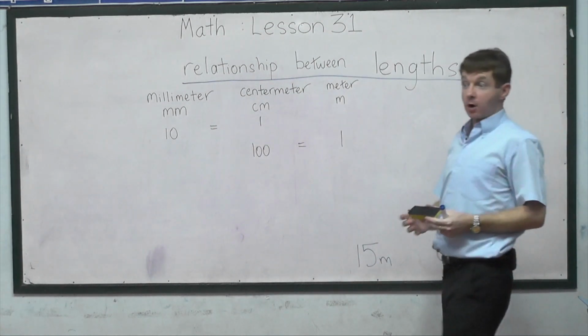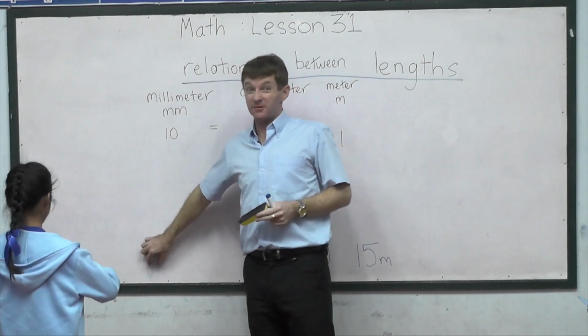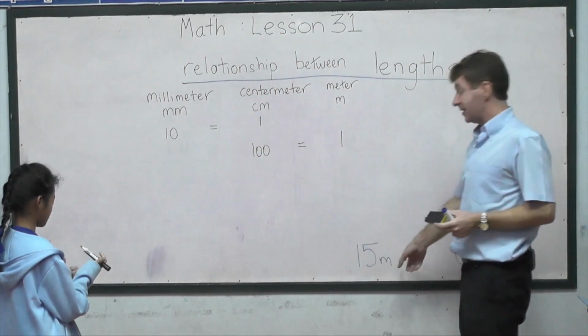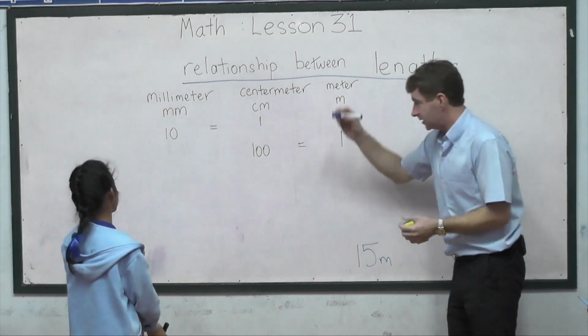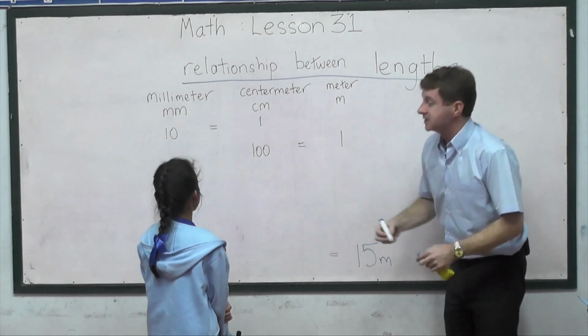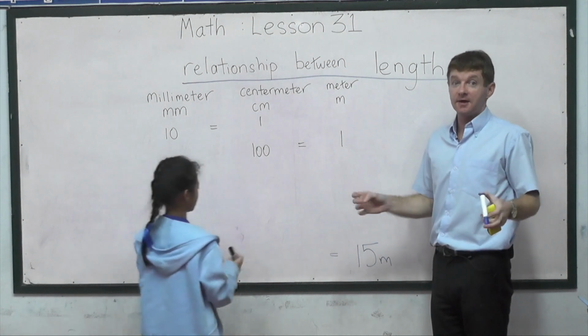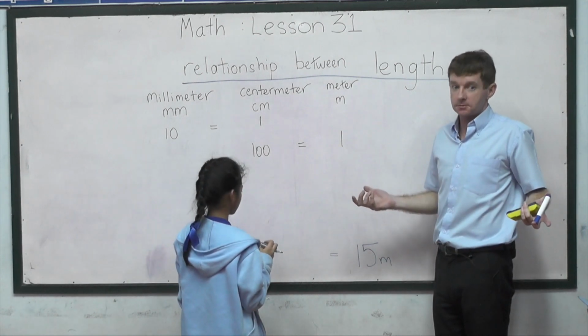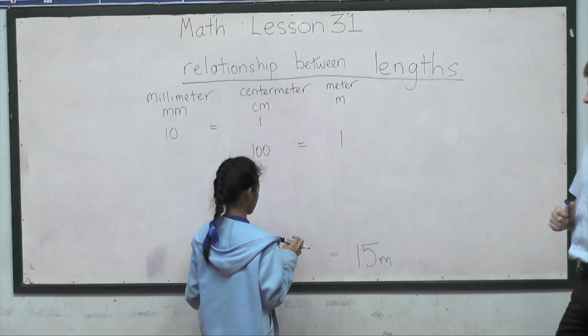Okay, so we've gone from very small, 40 millimeters. Now we have 15 meters. So let's begin by going from meters to centimeters. How many centimeters in 15 meters? 1,500 centimeters.